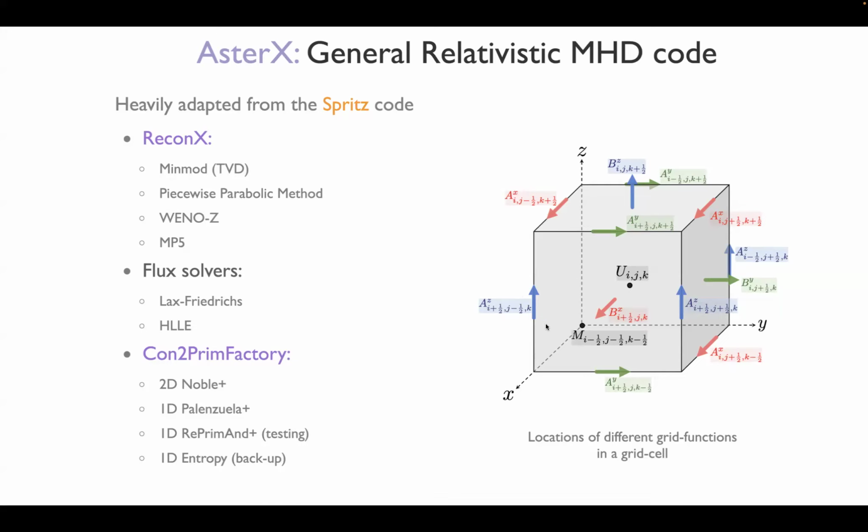When we are trying to evolve the vector potential, a good way is to store the vector potential variables on the edges. This way, when you take the curl of A, you get B directly on the cell face, and that's where you want it. And this allows the divergence of B to remain zero by construction, so this is a plus point of using CarpetX.